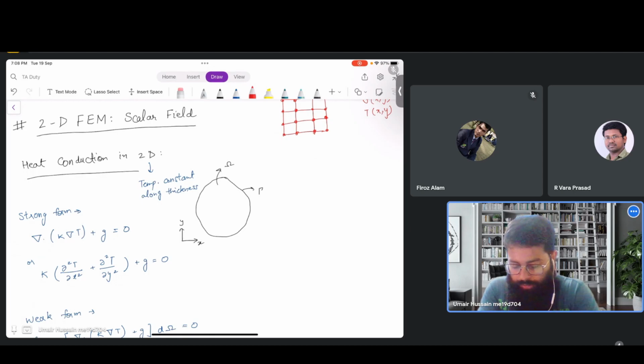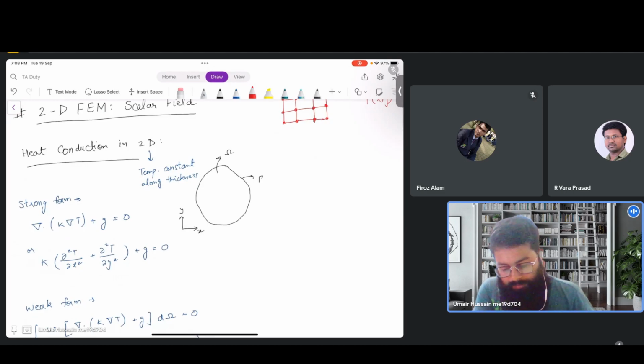If you remember, the strong form or the governing equation of the heat conduction problem looks something like this, where this is the Laplace term, and this is the source term.